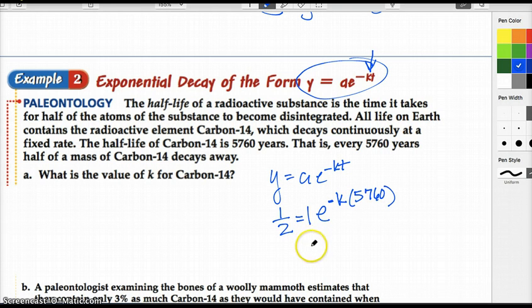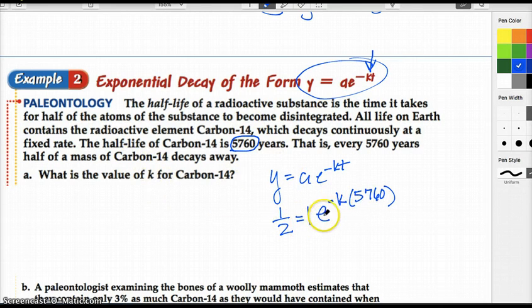What am I doing? I'm saying if I had one batch of carbon-14 and I wanted to figure out how long it would take to reach half of that amount, I know that amount of time would be 5,760 years. So I put that in t. t in this problem is referring to years. And now I can solve for the K value for this particular substance.